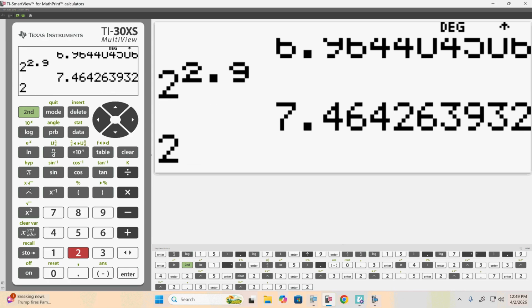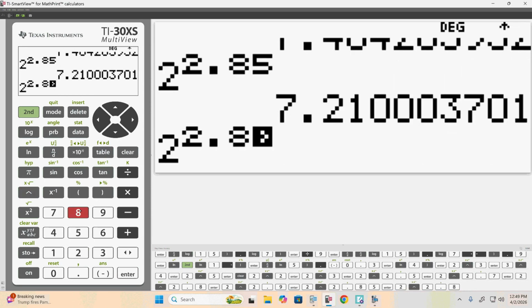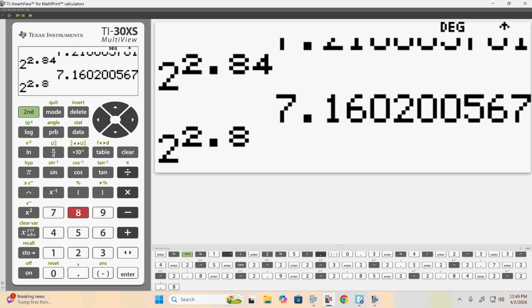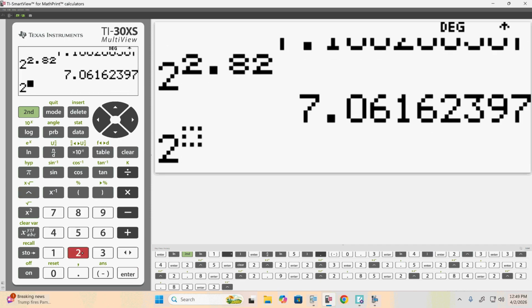So then we'd go 2 to the 2.85. Still too big. 2 to the 2.84. Too big. 2 to the 2.81.